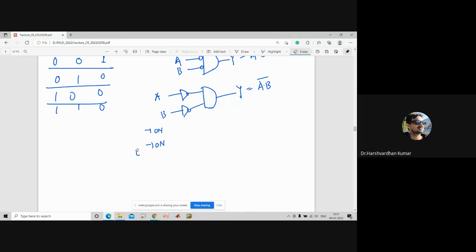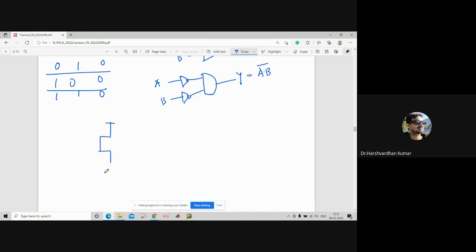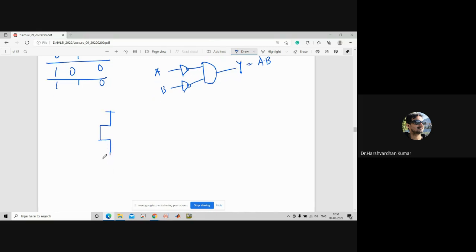It means that the pull-up sub-circuit must be connected in series. Because for 0, 0 we are getting the output at logic 1, we have to connect both the PMOS transistors in series. In this way you can understand.